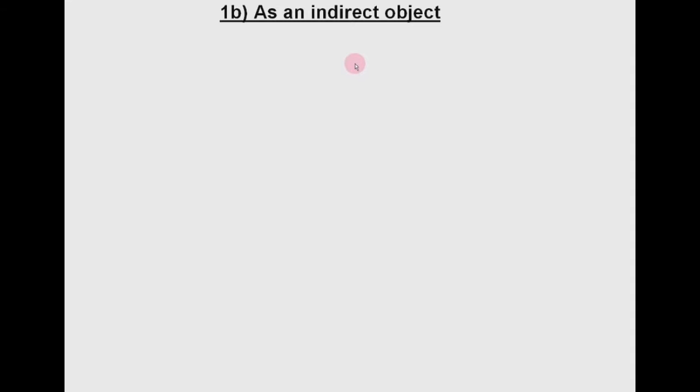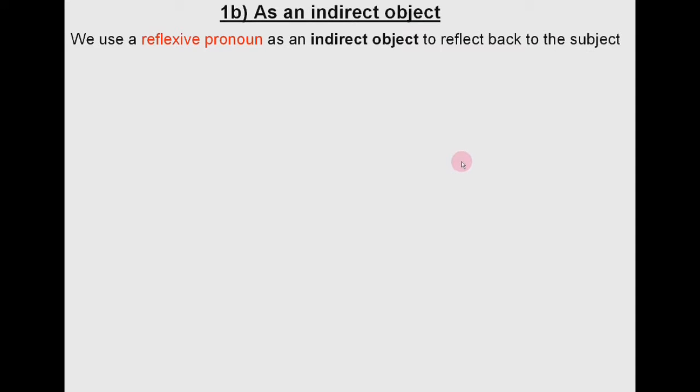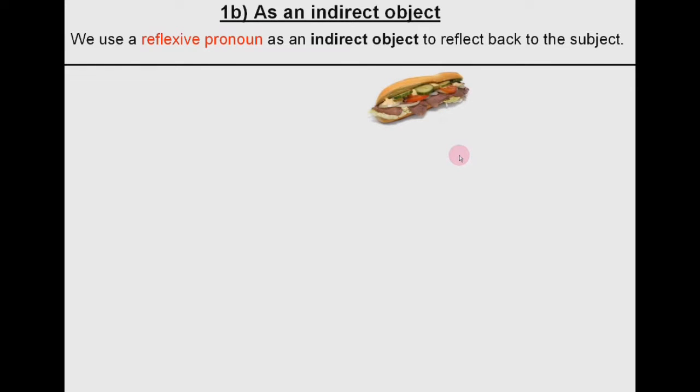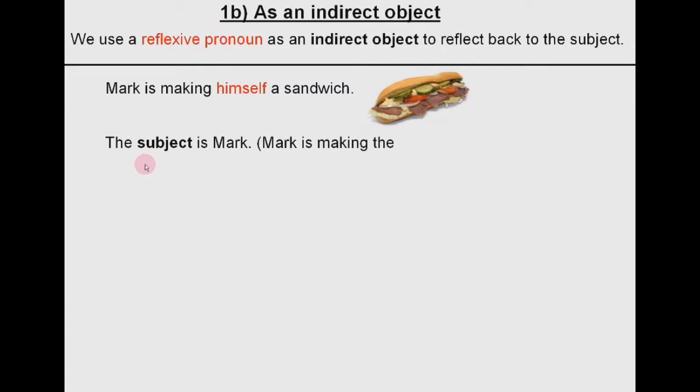Let's now look at the reflexive pronoun as an indirect object. So it is very similar. So we use a reflexive pronoun as an indirect object to reflect back to the subject. Example. Mark is making himself a sandwich. Again, the subject is Mark, because it is Mark who is making the sandwich.